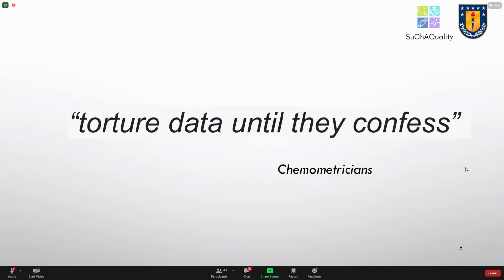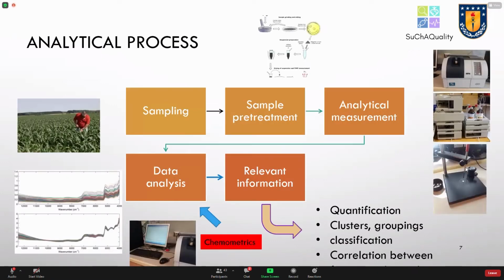Maybe this is another definition that chemometricians use, and maybe it's explained more by this: torture the data until they confess.